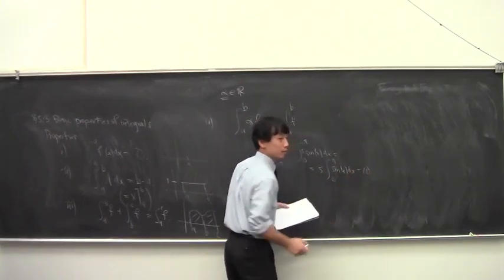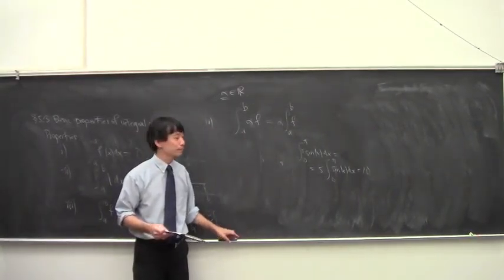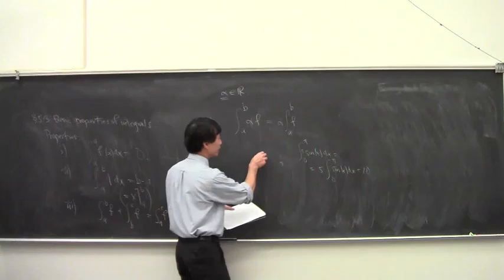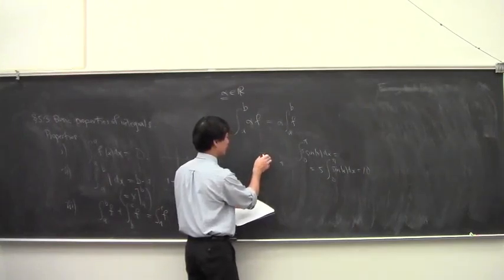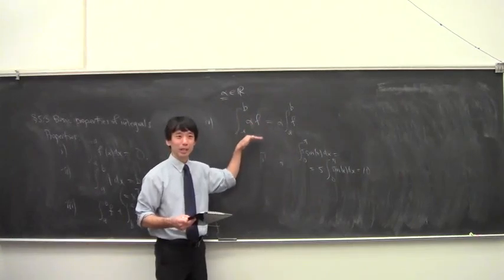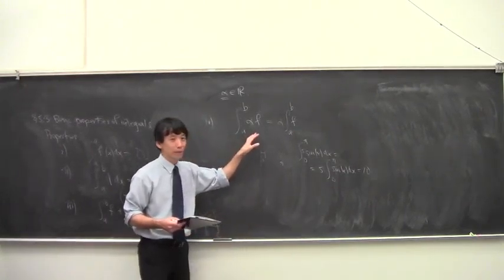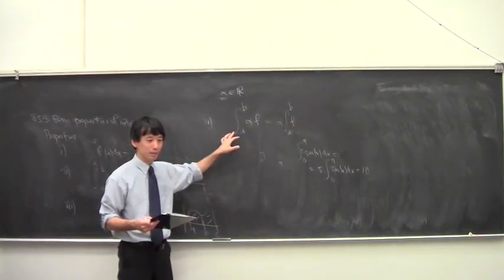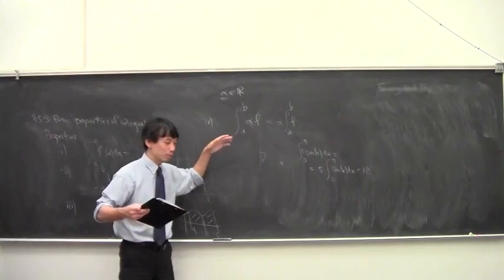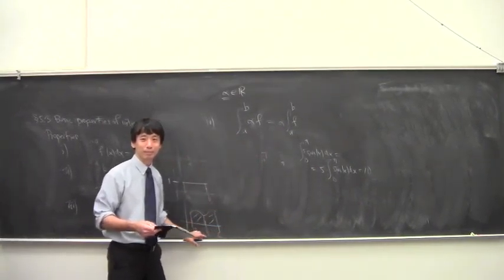You're just scaling the function. And why is that? You have to think about the rectangle. When you multiply a function, you're just multiplying the height of the rectangles, and so you're changing the area by that factor. That's basically everything we say about these integrals: it boils down to facts about rectangles.